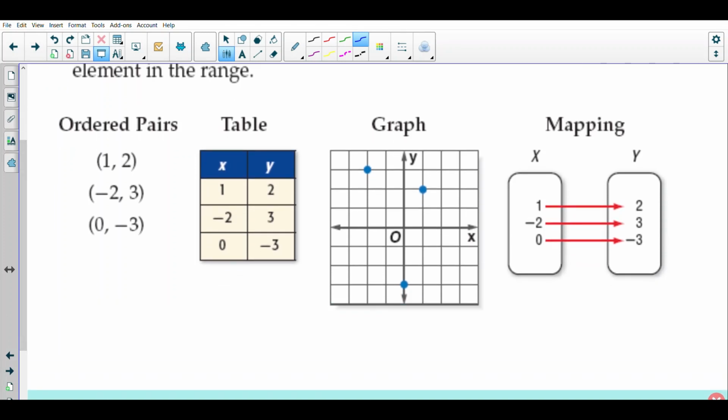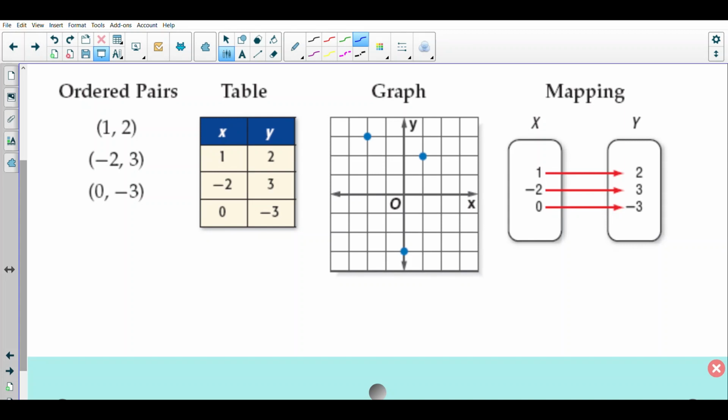Now what's nice is that the domain is always your x values.